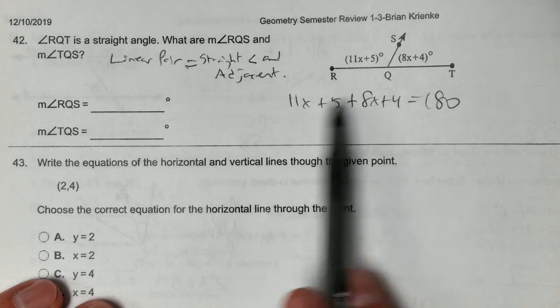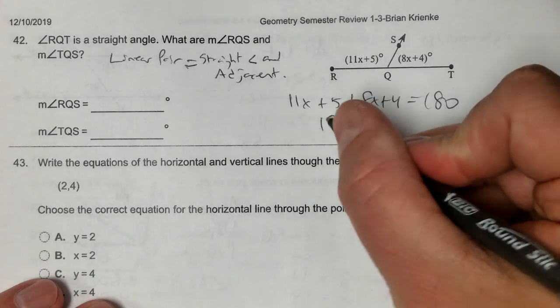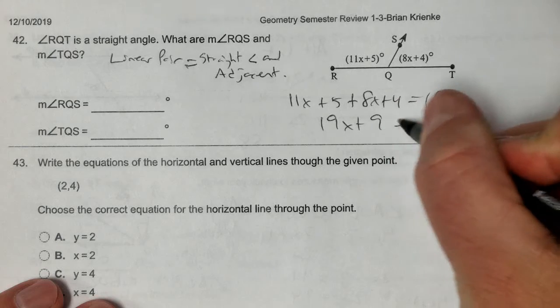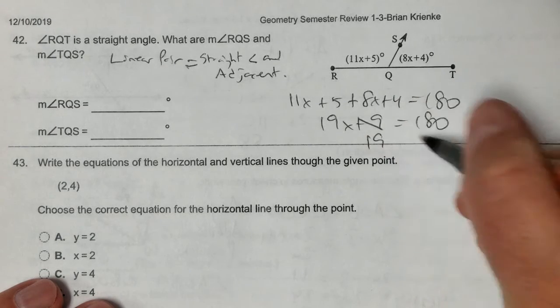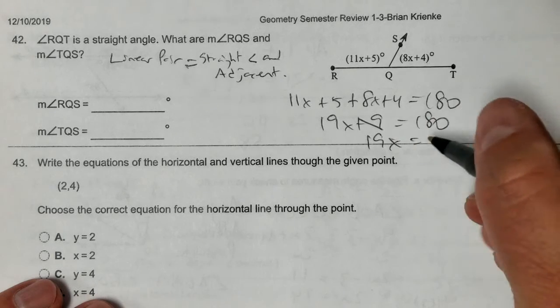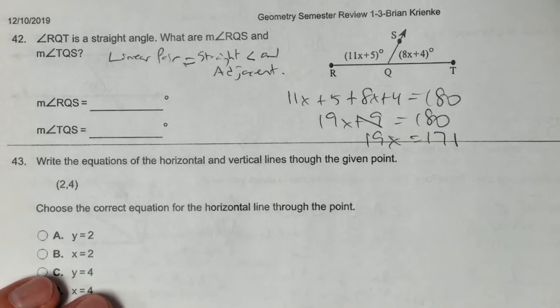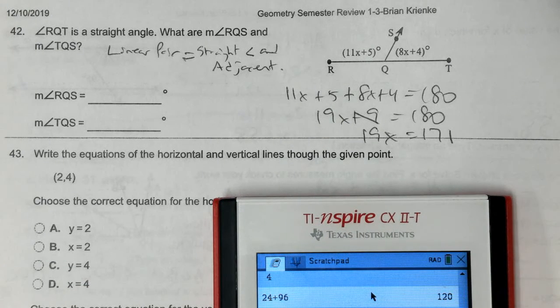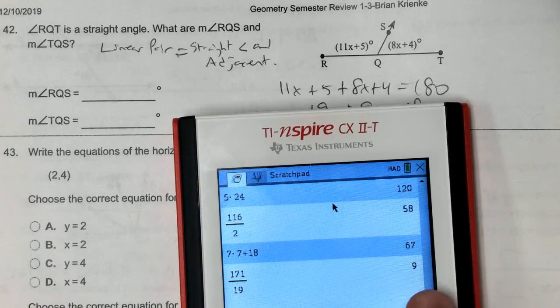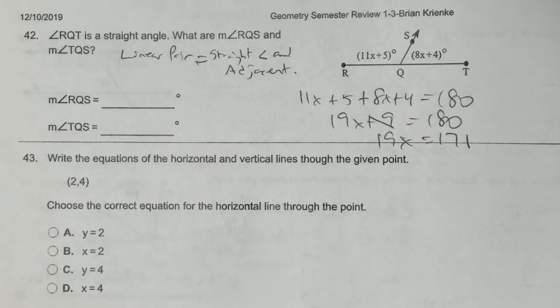Combine your like terms, 11x and 8x, and you get 19x plus 9 equal 180. Then subtract 9 from both sides, so you get 171. Then 171 divided by 19 gives you 9. X equal 9.